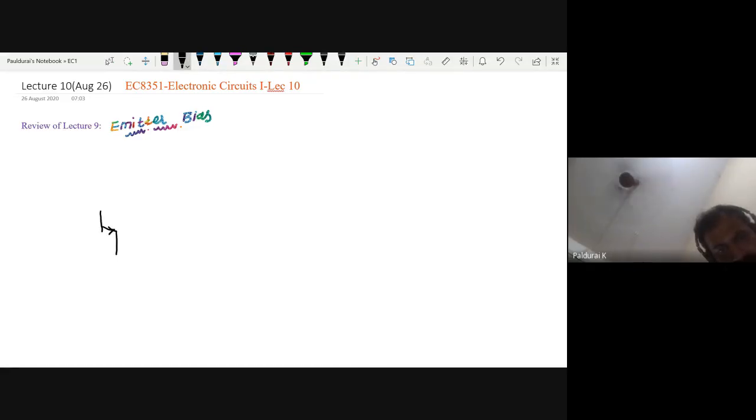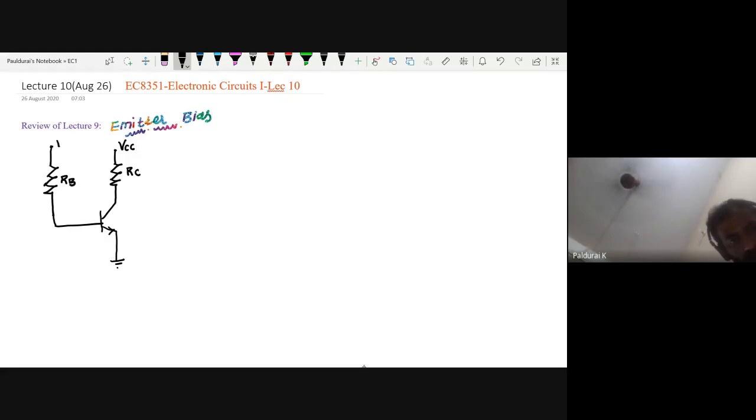Common emitter, so the emitter must be grounded. It must be common for both input and output. Here you give the biasing voltage VCC. This is my RC. Here you connect the input resistance, namely RB.